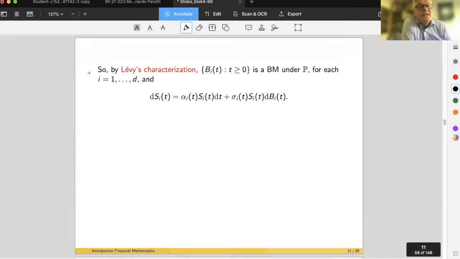Now, with all these statements, we know that by Levy's characterization, B_i(t), t greater or equal to 0, is a Brownian motion under P. And we can use it to redefine our stock price processes. So for each i is 1 to M, we can write dS_i(t) is equal to alpha_i(t) S_i(t) dt, that hasn't changed, plus a reformulation.